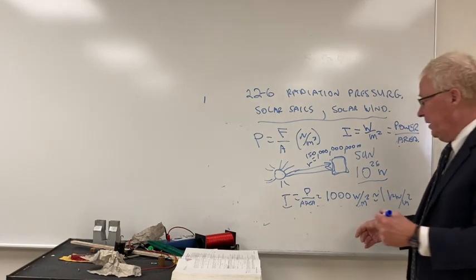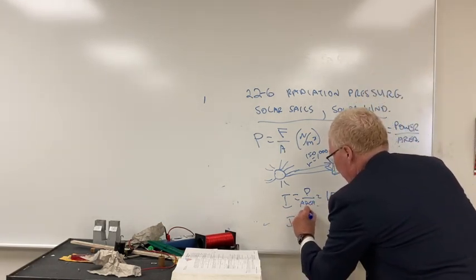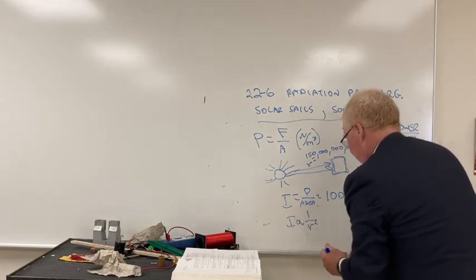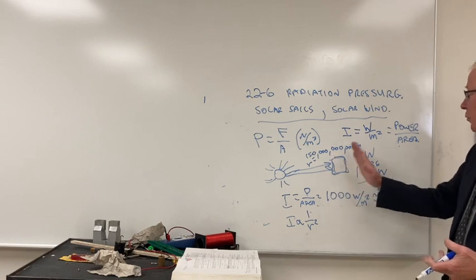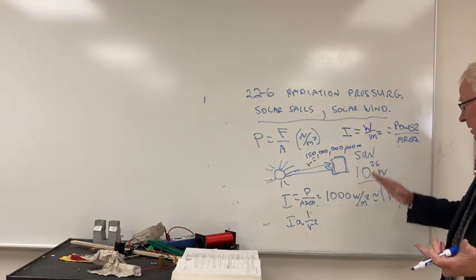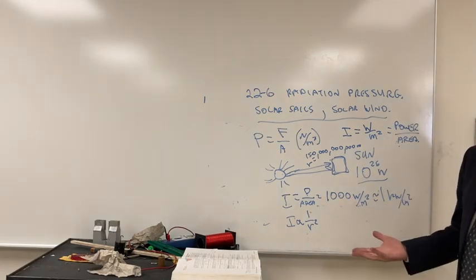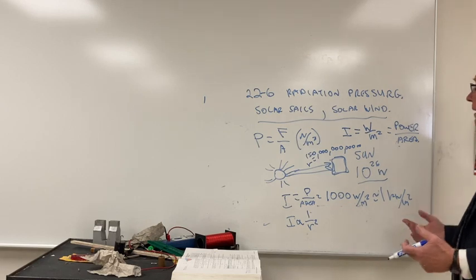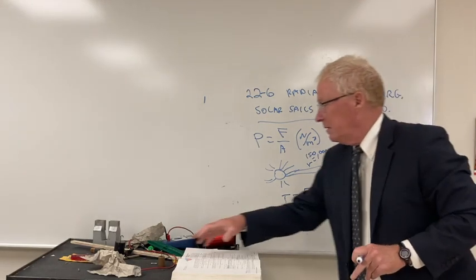So intensity goes as 1 over the distance squared. If you're twice the distance from the sun, 300 billion meters, intensity would be 1/4 as much, or about 250 watts per meter squared. So that's the sun's intensity.